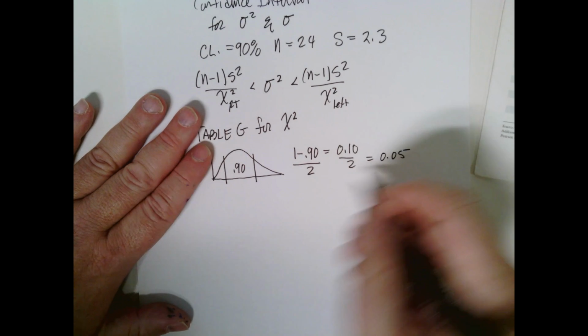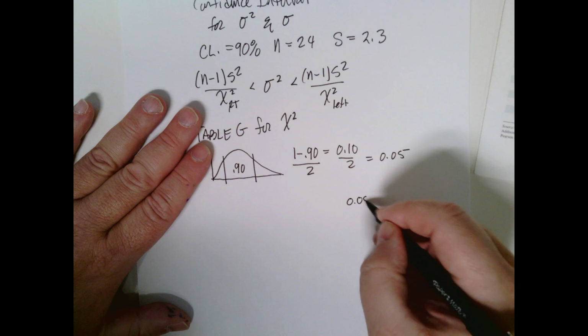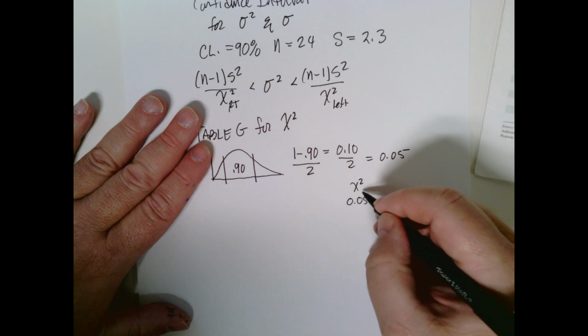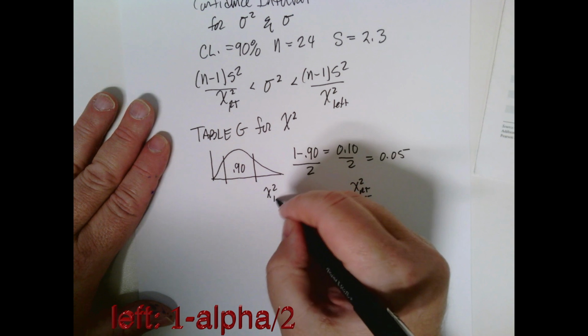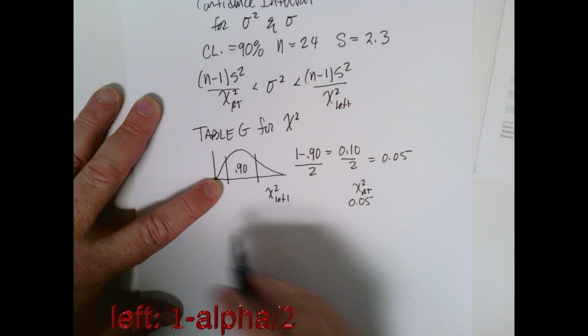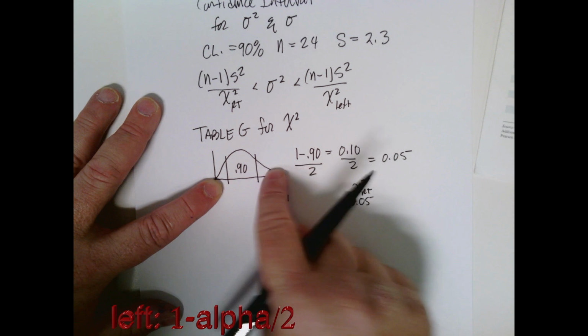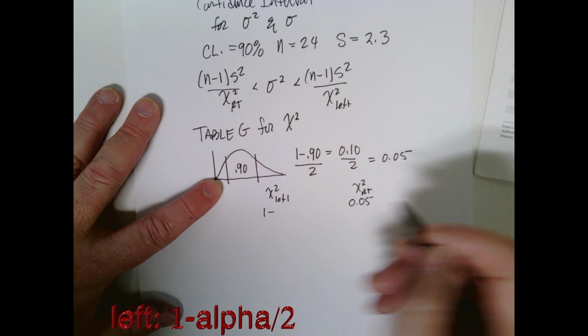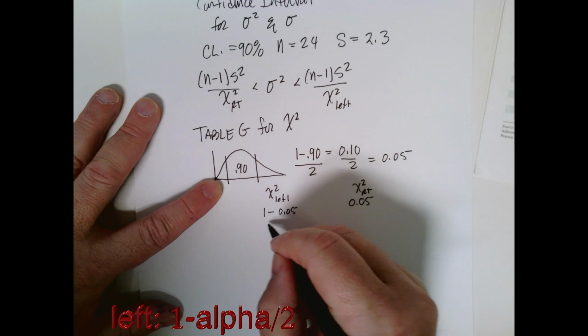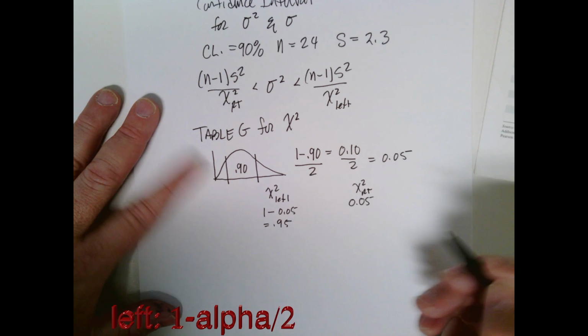So this is going to give us our chi-squared right. For the other side, our chi-squared left, this is also 0.05, but because we measure from positive infinity down, I need to subtract it from 1 to get 0.95.